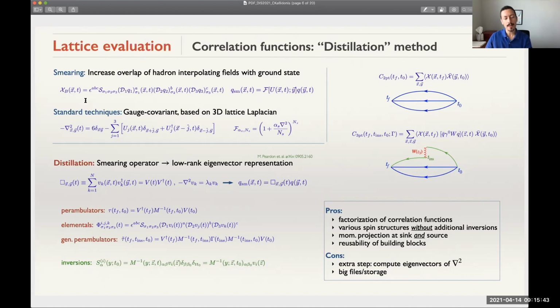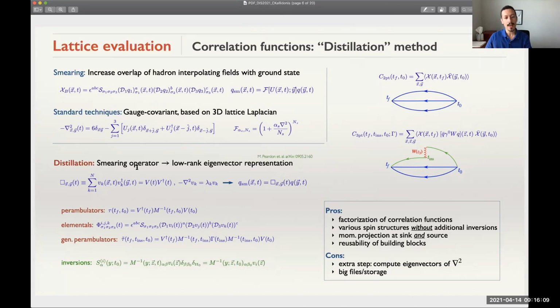Now, when we deal with correlation functions on the lattice, we usually perform some kind of smearing, as we call it, because this helps increase the overlap of the interpolating field, which creates and destroys the state, with the ground state of the nucleon. And the standard technique is to consider some gauge covariant form, which is based on a 3-dimensional Laplacian.